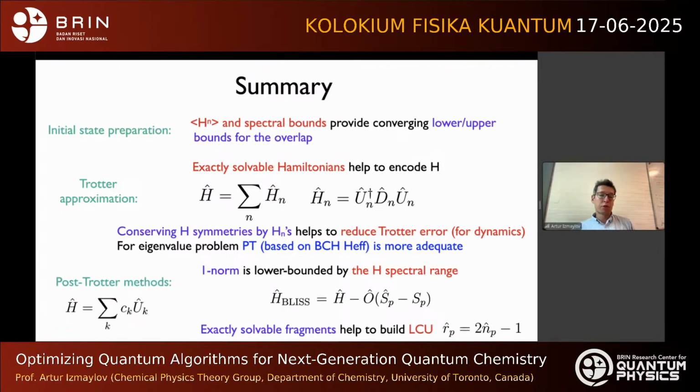Now in the post-Trotter methods, it's mostly about the one norm, but fragmentation methods help. And we also know now how to maybe modify the Hamiltonian to reduce the spectral range, since that will regulate the success of the decomposition methods.